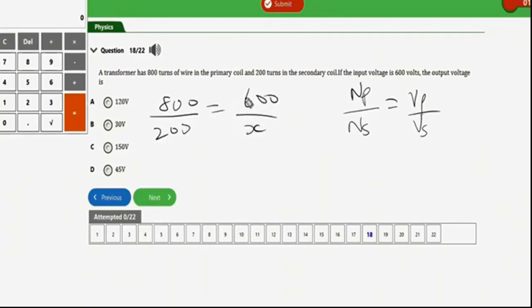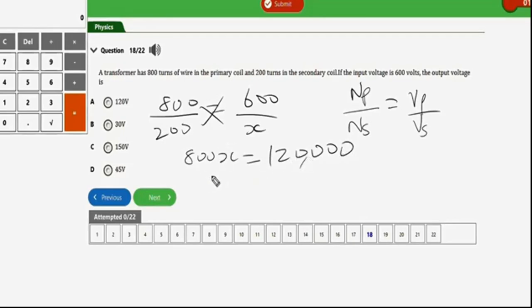I'm looking for the VS. Okay, cross multiply, we're going to have 800x equals 600 times the 200 you have here. Basically, we are going to have 120,000.